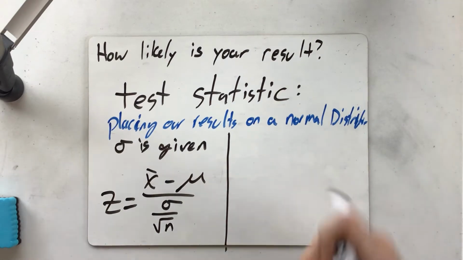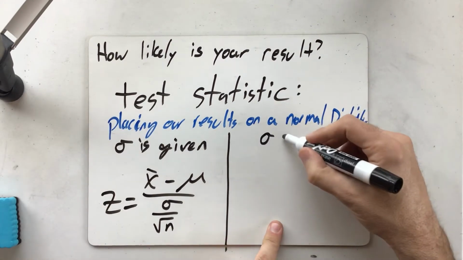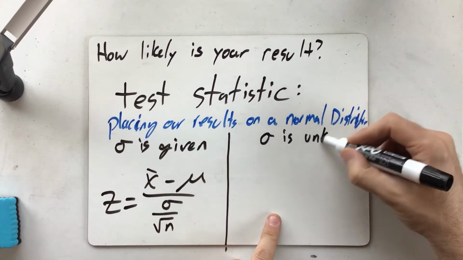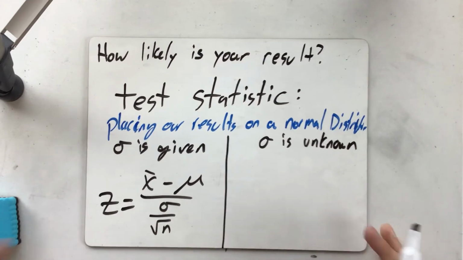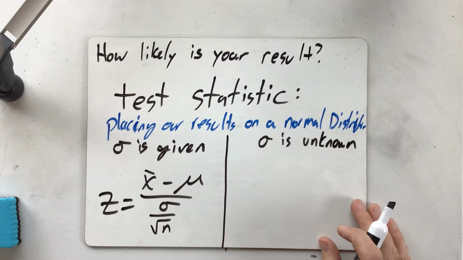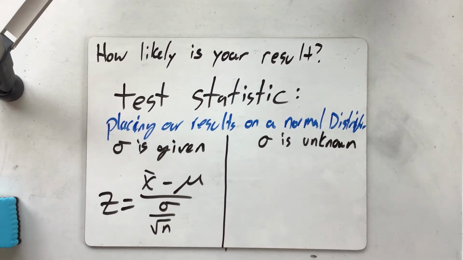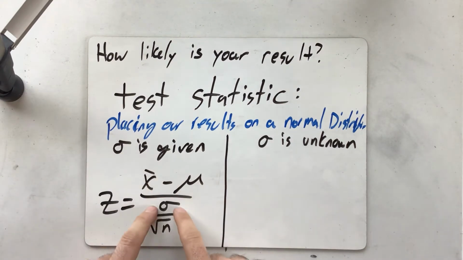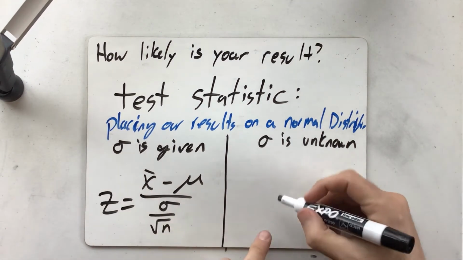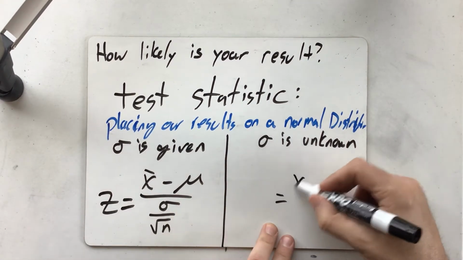The other test statistic is going to be if sigma is unknown. Now, if you're playing along at home, you might be able to anticipate what's going to happen if sigma is unknown. Whenever we did confidence intervals, when we knew sigma, we put it in one formula. When we didn't know sigma, what did we use instead? Oh, that's right.